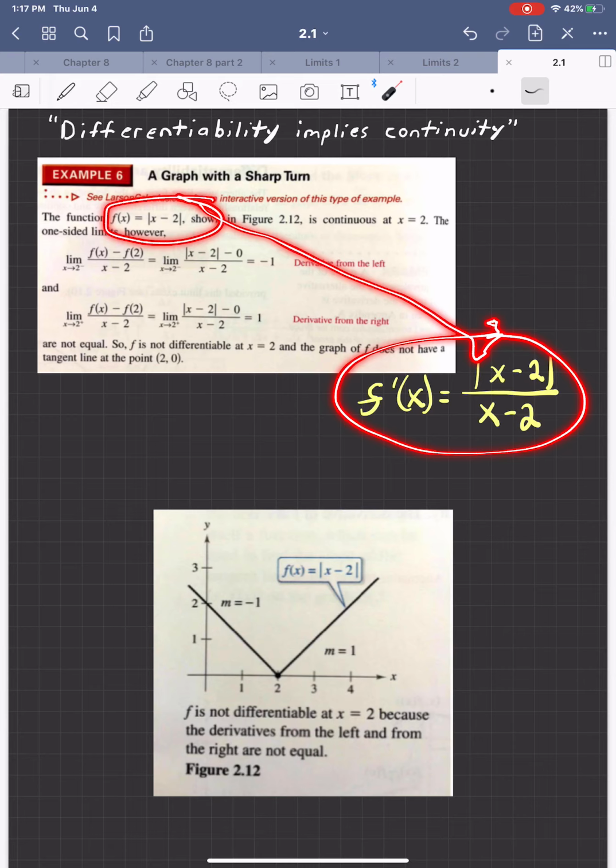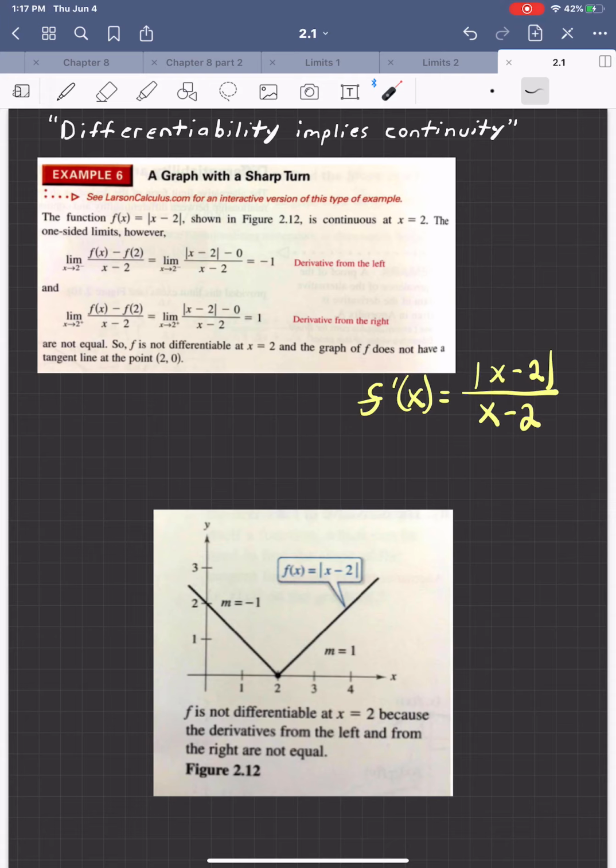And what you would notice is that you either have some vertical tangent line, meaning it's approaching infinity as it approaches 2, or the limit itself does not exist. You might have a jump. So that's what this example is trying to point out to you.